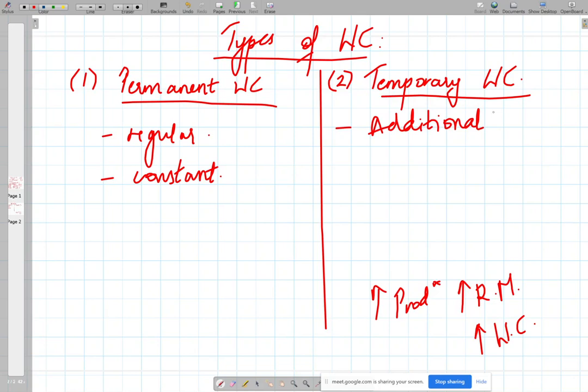The permanent working capital is the regular, constant requirement. For example, if we sit and calculate, we will know that our business requires 1 lakh rupees a month for salaries, then at least, on an average, about another 10 lakhs for raw materials, then something else for electricity.